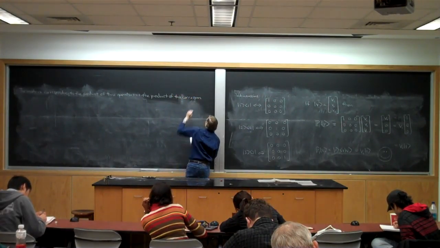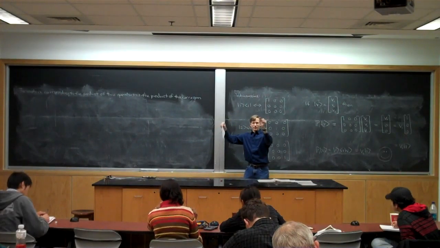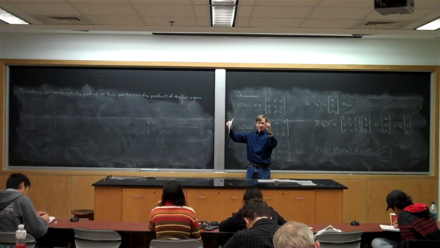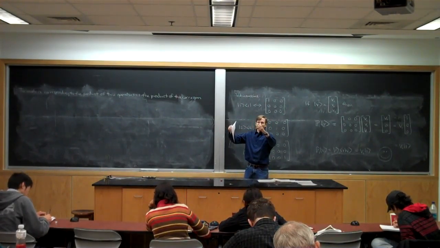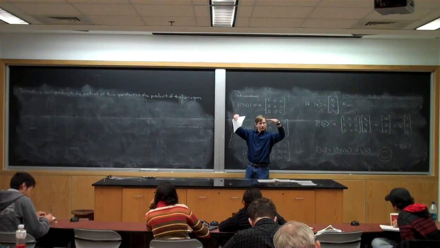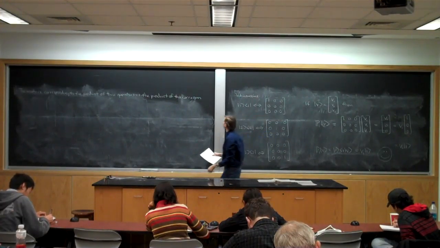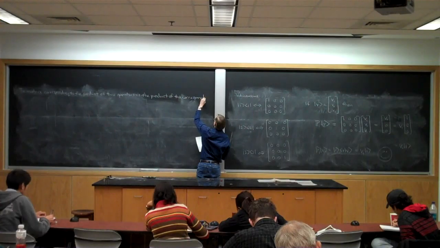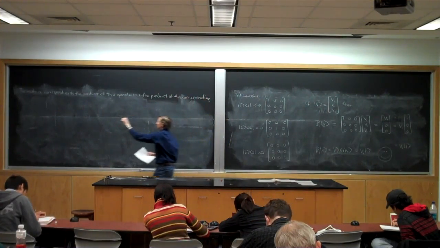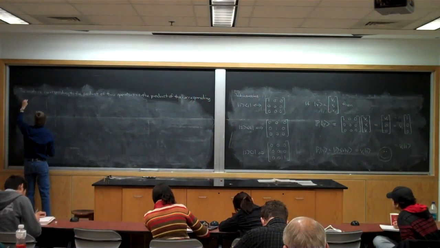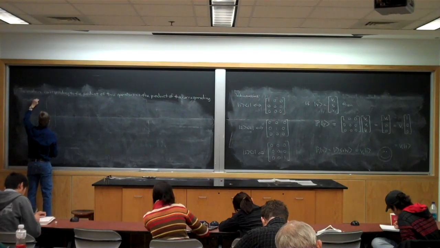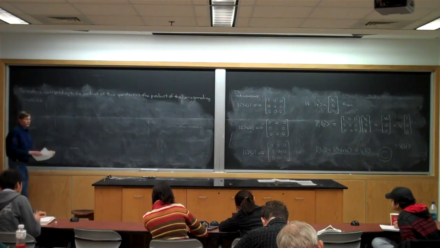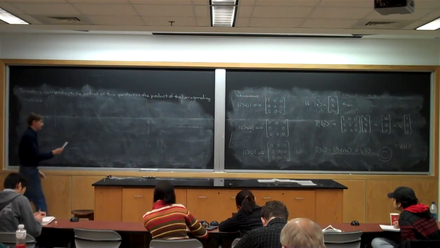In other words, if you have two operators represented by matrices, then the matrix which represents their product is just the matrix product of those two matrices with one another. That this whole matrix business carries right on through.